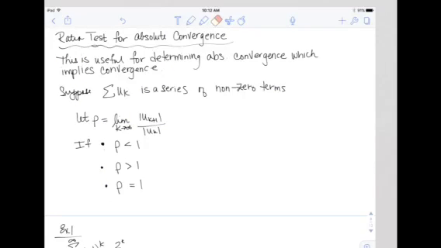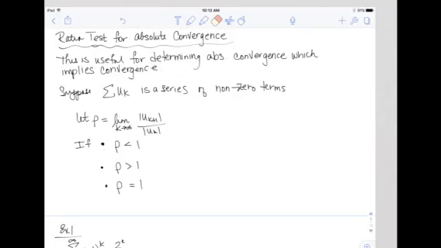That leads us to the ratio test for absolute convergence. This is useful for determining absolute convergence, which also implies convergence. If you remember a few theorems ago, if a series converges absolutely, it converges. So suppose the sum of some terms, u sub k, is a series of non-zero terms.